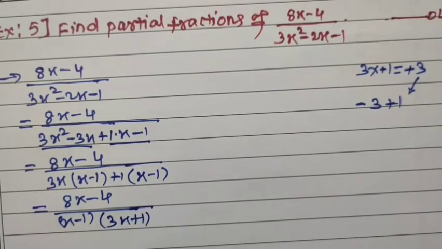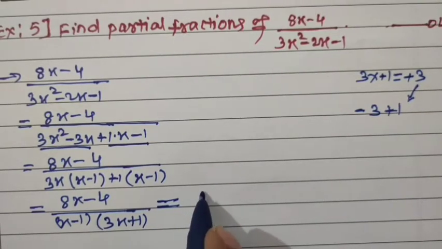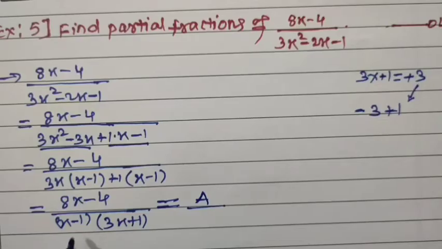Now you can check here, these are linear factors of denominator. X minus 1, this is one linear factor, 3x plus 1 is the other. Now you have to express this as arbitrary constant a divided by first linear factor plus arbitrary constant b divided by second linear factor.